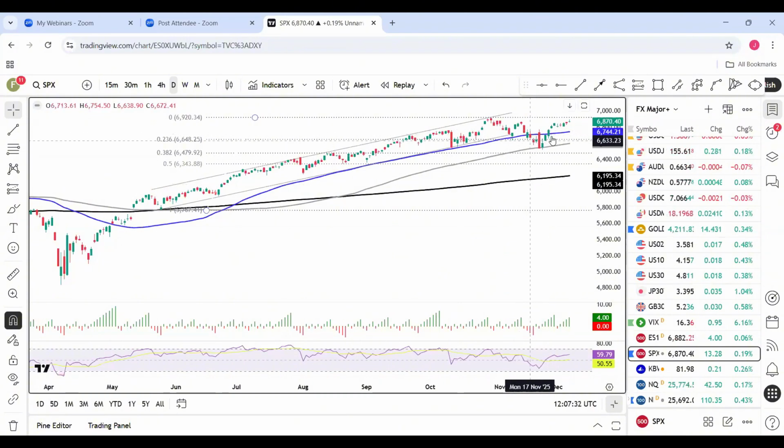Then we went through the blue line, the 50-day moving average at 67.44. We're just oscillating sideways. Just looks like bullish consolidation before a move higher. We did get that briefly on Friday up to 68.95, just shy of that record high at 69.20, but we just pulled back a touch.